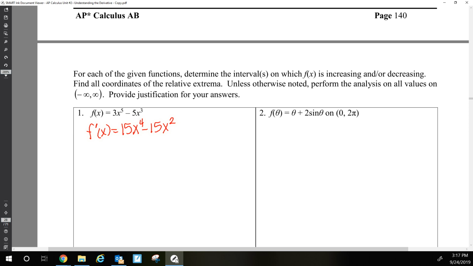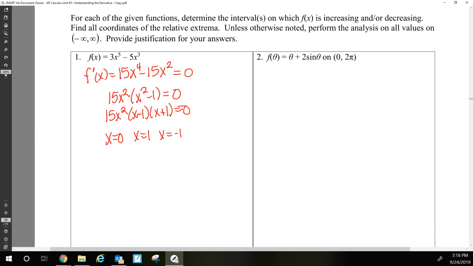My relative maximum and minimum would occur wherever this derivative is equal to 0. So I'm going to factor out 15x squared, which they have in common, and I've got x squared minus 1 left over. So then I've got 15x squared times x minus 1, x plus 1. And so my minimum or maximum is going to occur either at 0, 1, or negative 1.